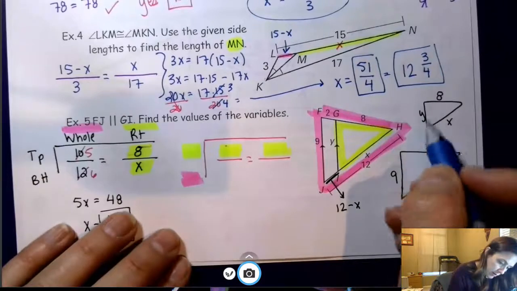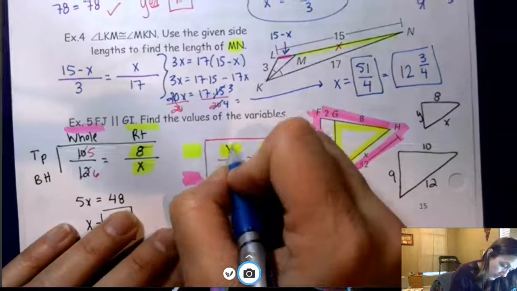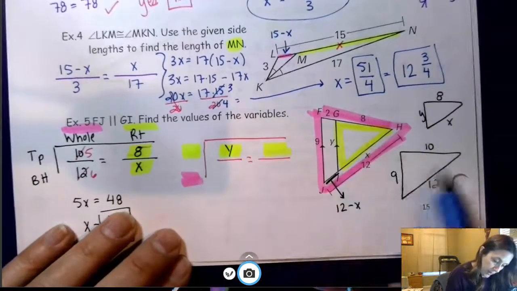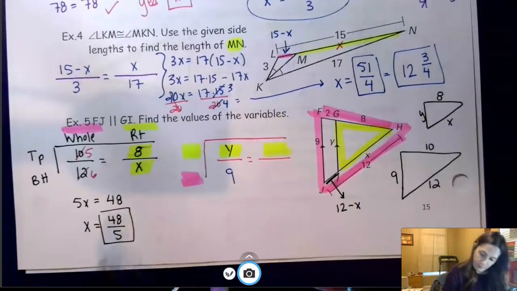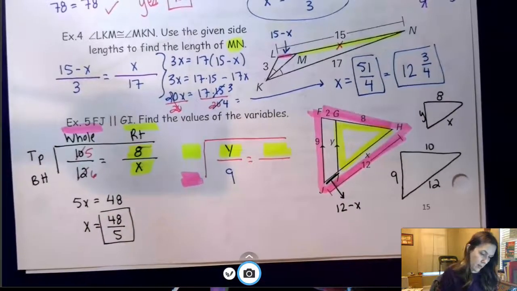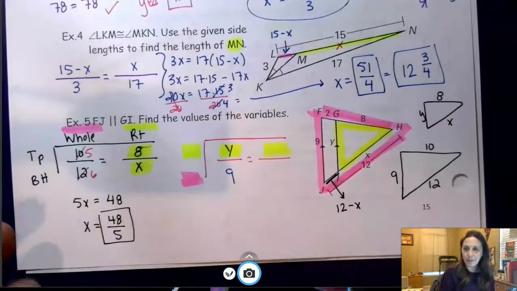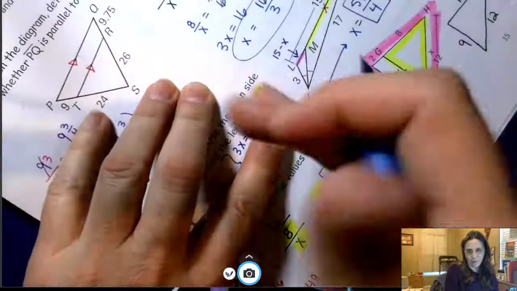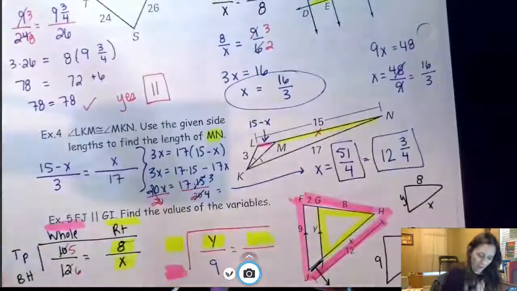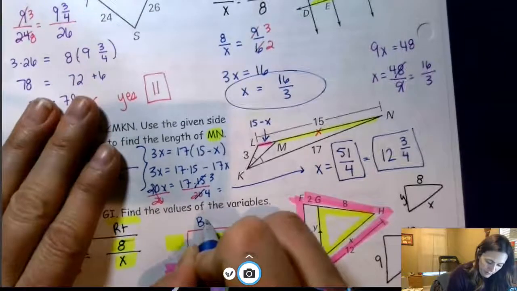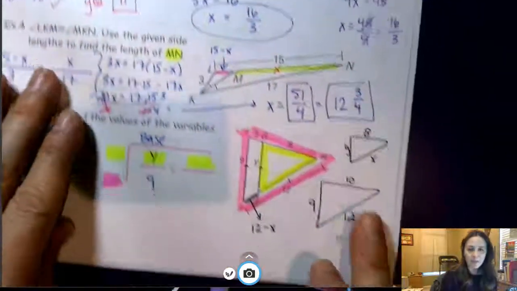So the yellow y corresponds with the pink 9. You could call them the base, though I don't really want to say base because you think base is on the bottom, but I've flipped it around, so it's kind of the bottom of those triangles. So I called it the base, which doesn't necessarily have to make sense.